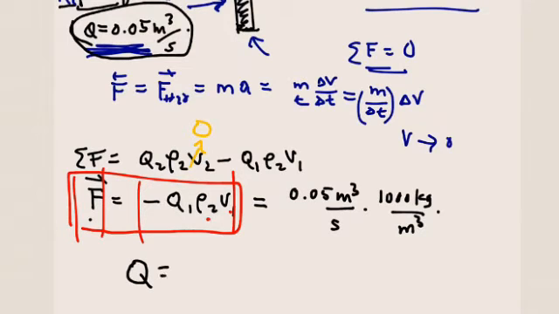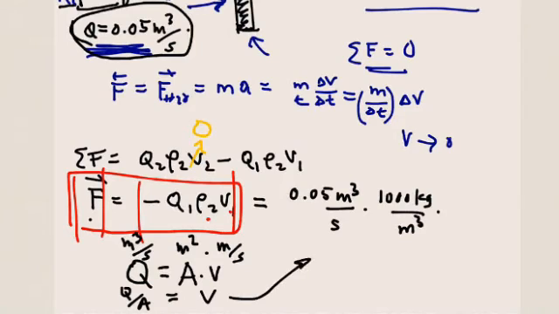Q is equal to the area times the velocity. So this is meters squared times meters per second, which gives meters cubed per second. So the velocity is equal to Q divided by the area, and I can put that into my equation up here for velocity.